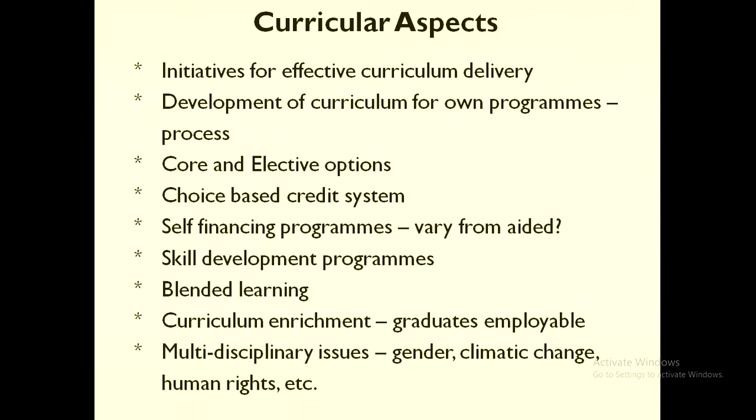And if you come up with some innovative types of curricular aspects, like what we did in our previous institute during the NAAC visit, we implemented the flipped learning technique. What we did was we removed all the benches from the classrooms.